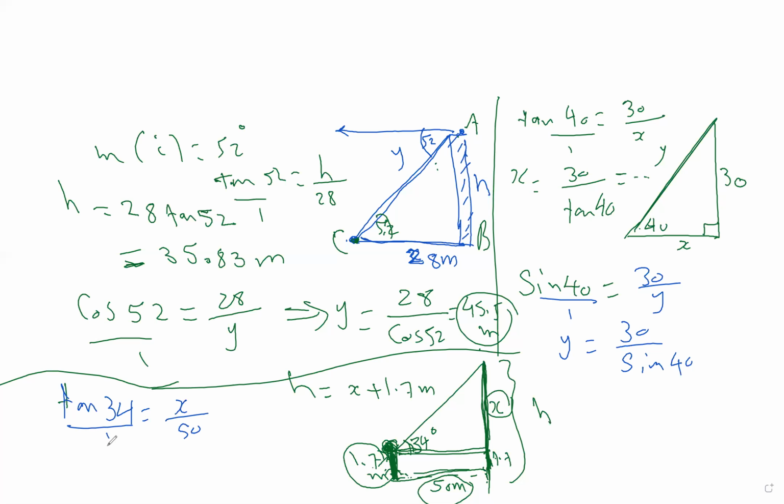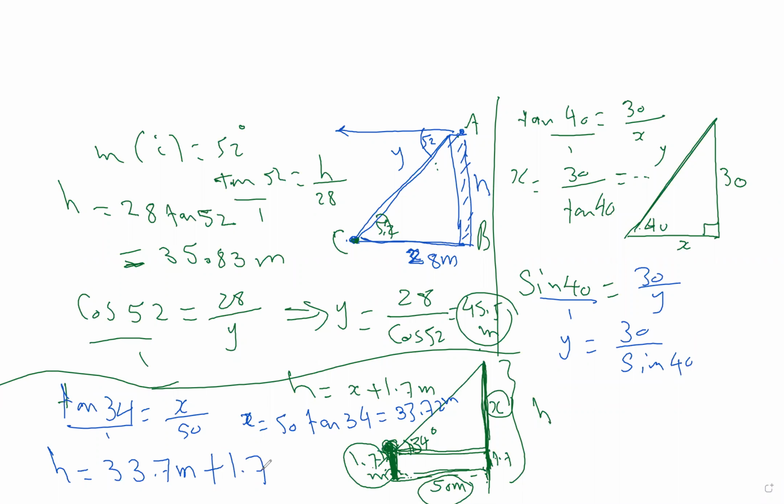Then x will be 50 tan 34. Calculate it please. It equals 33.72 meters. So the height of the tower will be 33.7 meters plus the height of the man, which is 1.7.